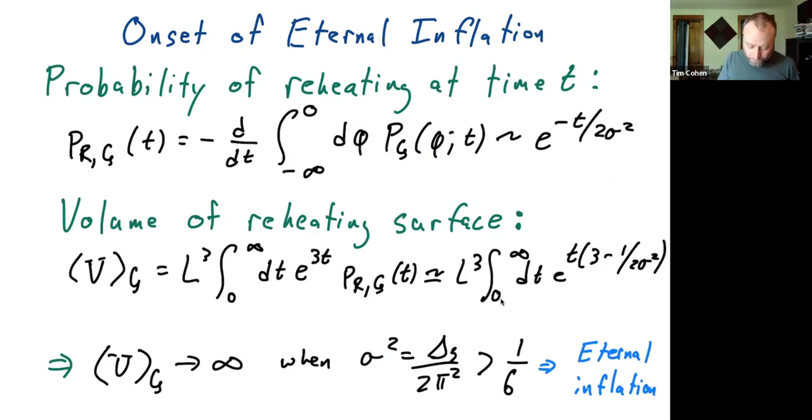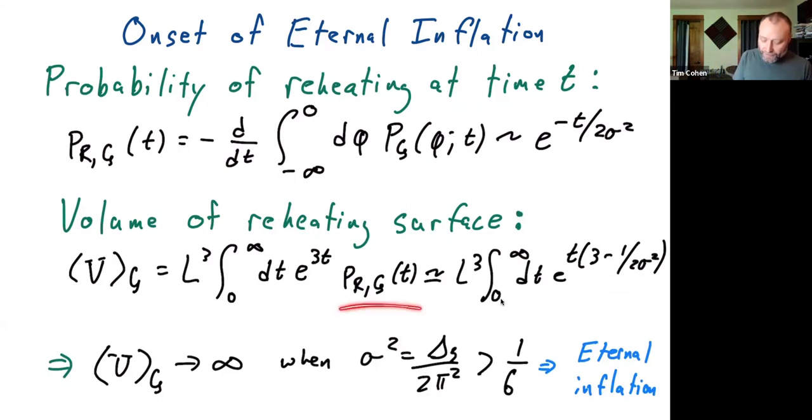And we can compute the volume of the reheating surface in this model, and it basically gives us this correction. It tells us that there are 2 contributions. There's this Gaussian contribution, and then we can compute the volume of this reheating surface.